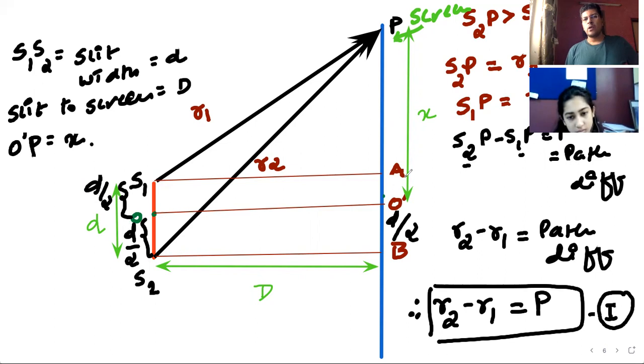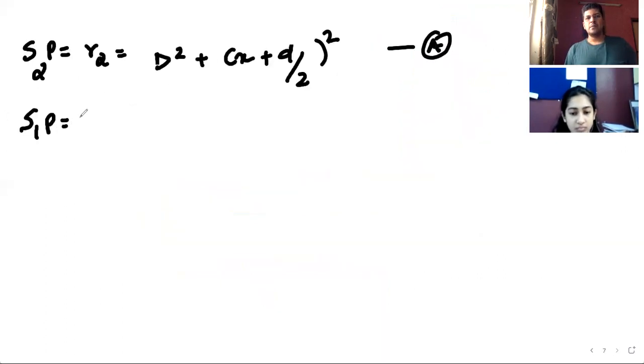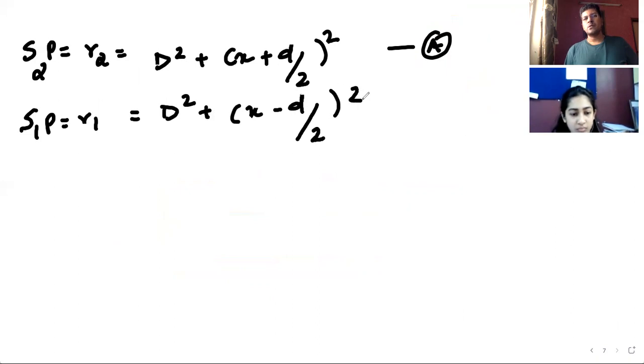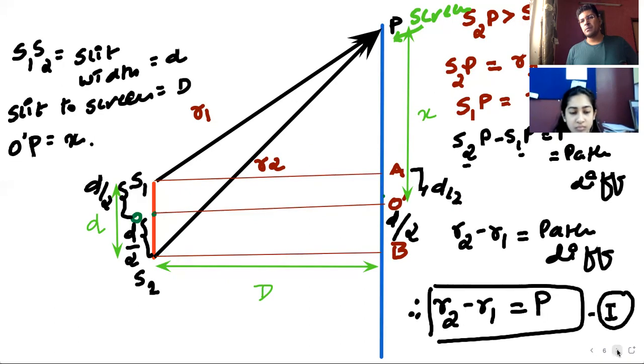So A and O dash, this much part is also d by 2. So my PA is called as a X minus D by 2, this much part. So again we have a Pythagoras, okay, capital D square plus X minus d by 2 square. So S1P is R1 equals to capital D square X minus d by 2, it's a square, expression number B. Both will be placed in expression number 1.